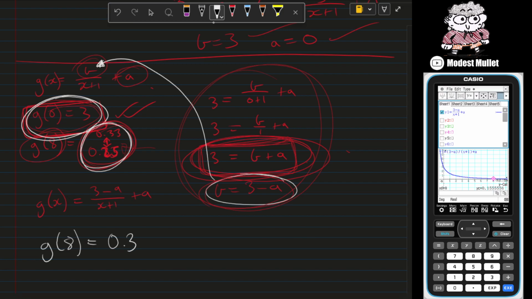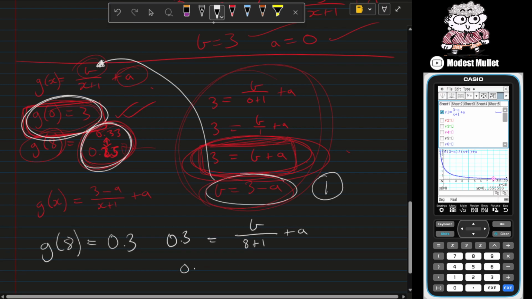We can substitute that in to make an equation: 0.3 is equal to b on 8 plus 1 plus a. So we get 0.3 is equal to b on 9 plus a, and we have a second equation.